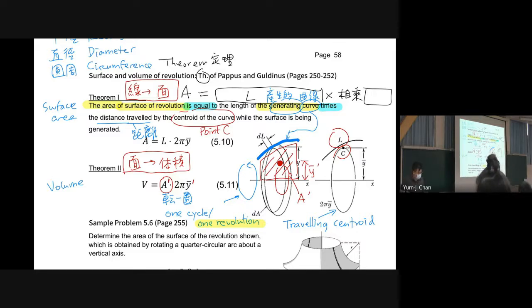Now, if you are okay with this, then we go to the single page that I've given you today. This is problem 5.56.